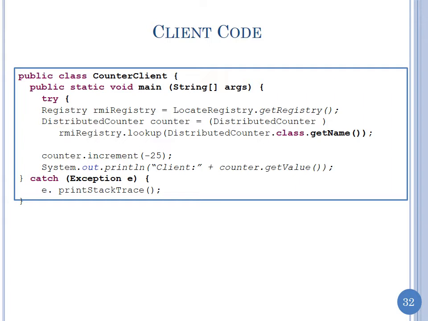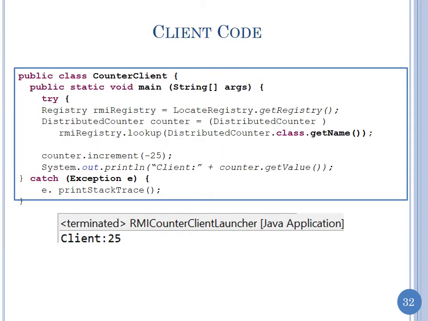The counter's count value is 50 when it does the lookup. It does counter.increment(-25). So this proxy is referencing the same counter that the server had. So I should get the value of 50 minus 25, and not 0 minus 25. I didn't get a copy of the counter object at the server end. I got a proxy to it, so we are referencing the same object.